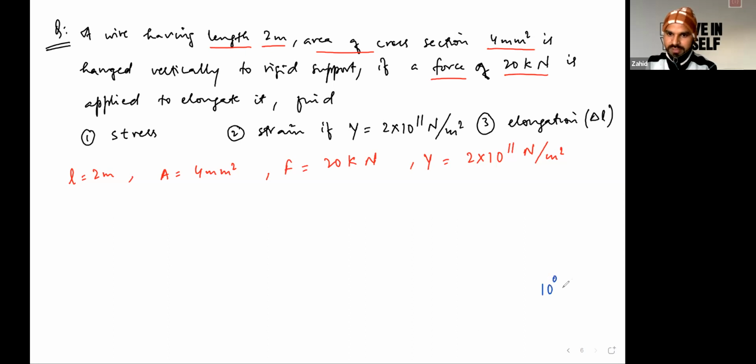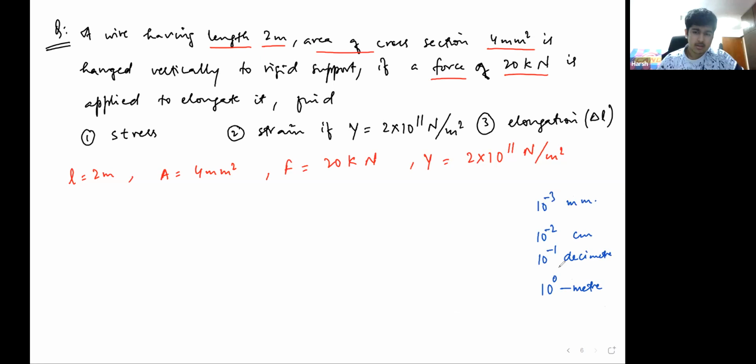Suppose you have 10 to the power 0, which is called the base unit. Let's say I'm calculating for length, so it will be meter. 10 to the power minus 1 will be decimeter. 10 to the power minus 2 will be centimeter. And 10 to the power minus 3 will be millimeter. Is it clear? Yes, sir.